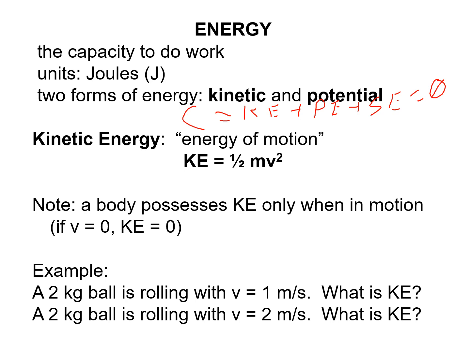Okay? This allows us to look at this in general, and we'll talk about it more when we start talking about equilibrium, that when one of these values changes, the other one changes as well, so that the total energy within the system remains constant.